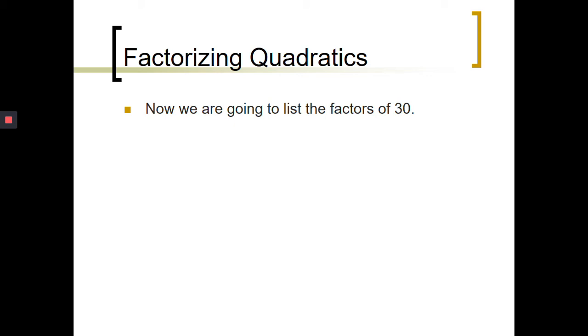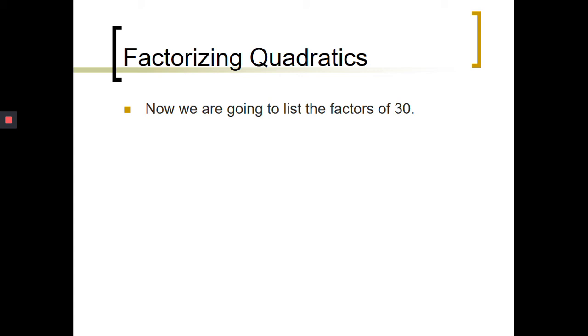Alright, so what I'll be doing now is I am going to list pairs of factors or pairs of numbers that multiply to give me 30.